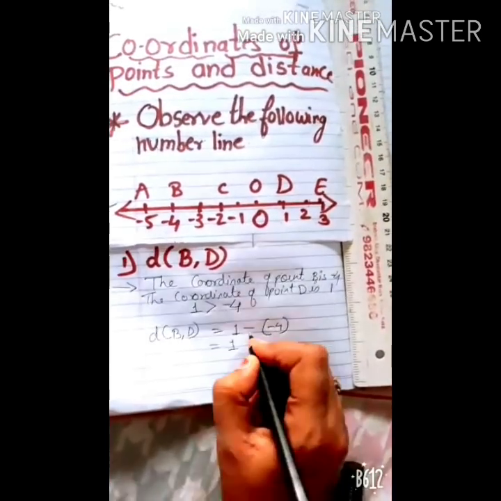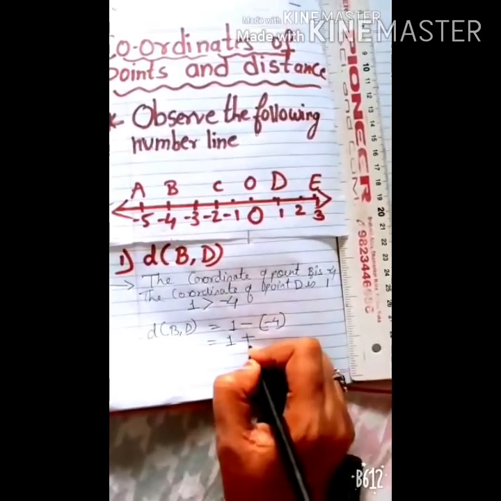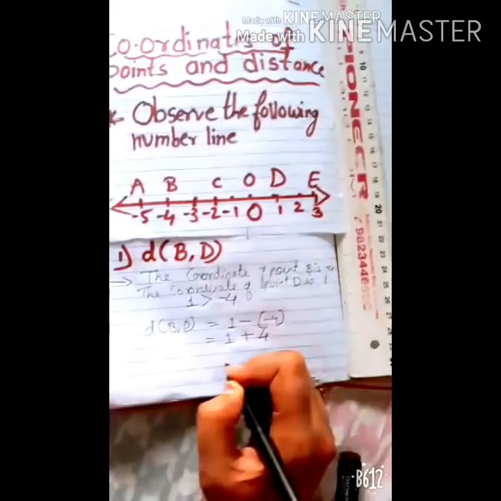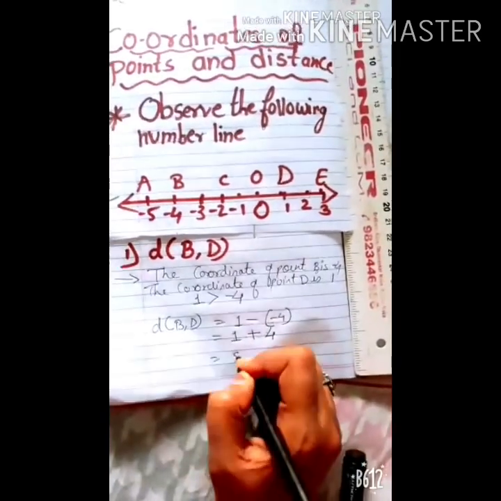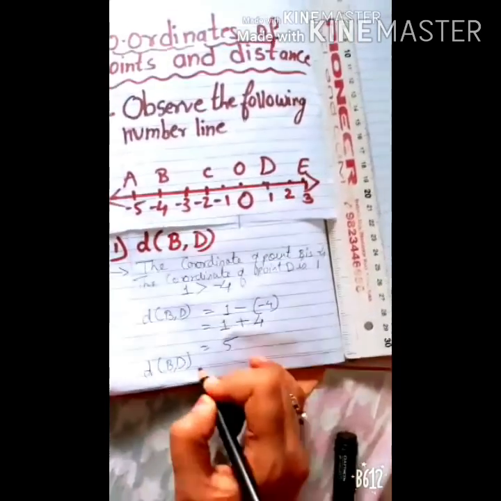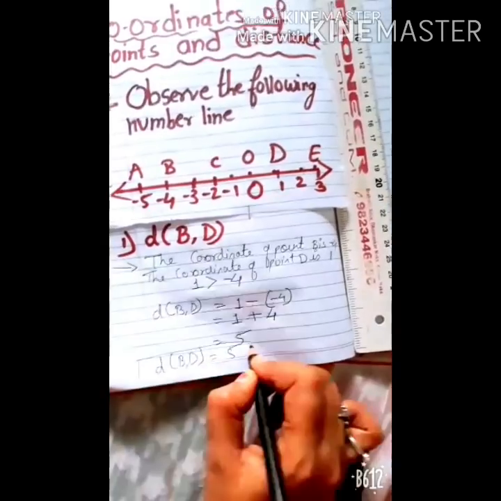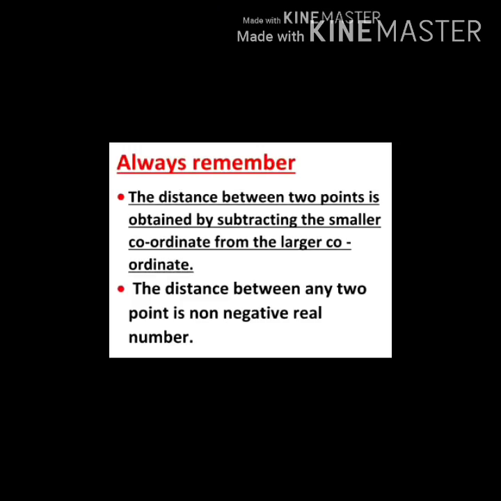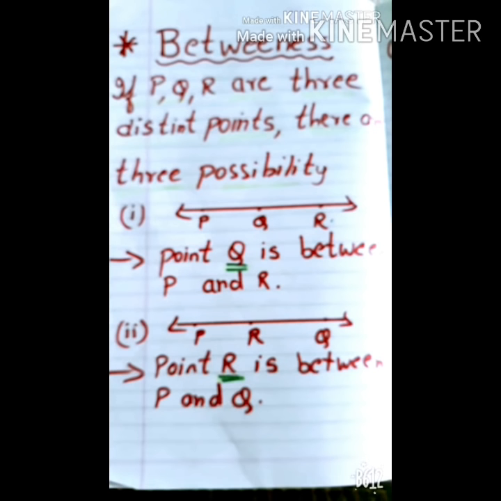So 1 minus negative 4, as per the rule, is 1 plus 4, which is 5. So we got the distance between points B and D equal to 5. Always remember, the distance between 2 points is obtained by subtracting the smaller coordinate from the larger coordinate. The distance between any 2 points is a non-negative real number.